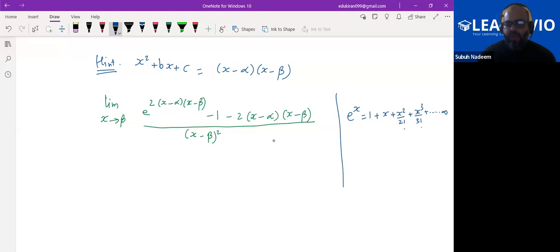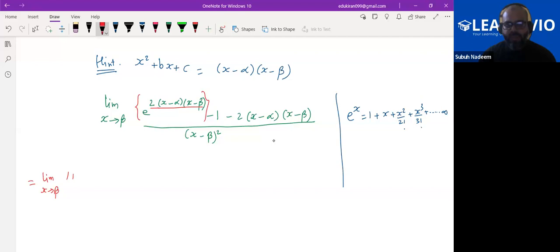So if you consider that expansion, so this particular term, e to the power 2 x minus alpha x minus beta, how can this be written?